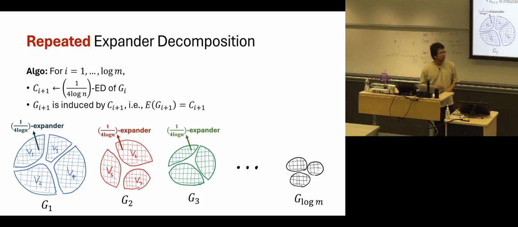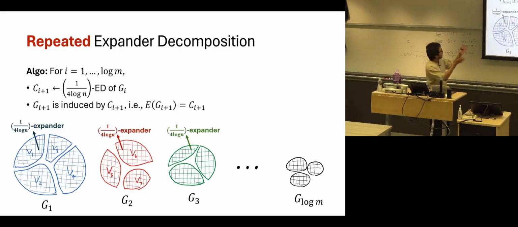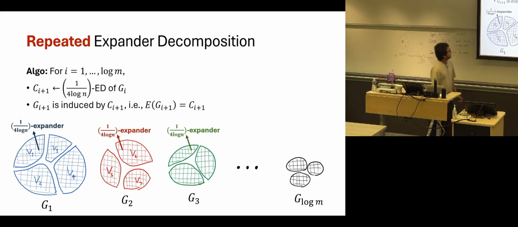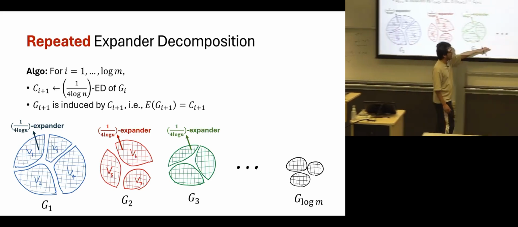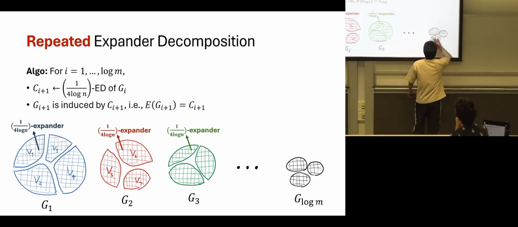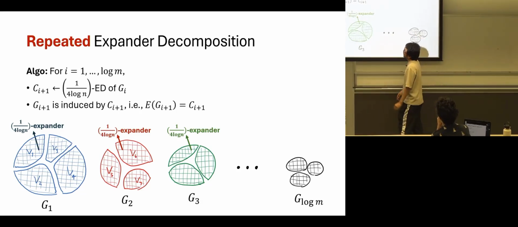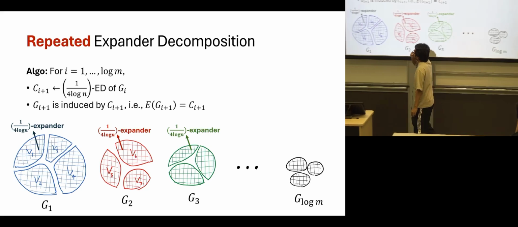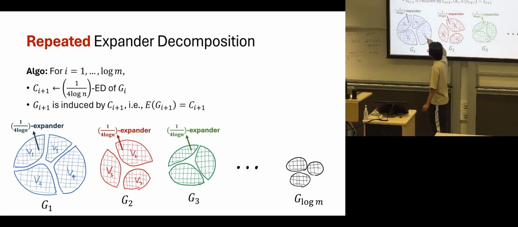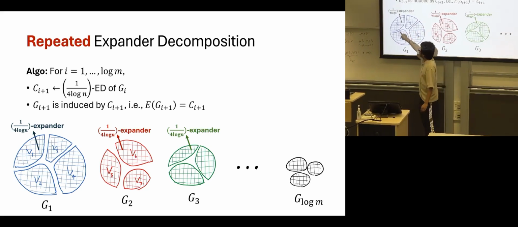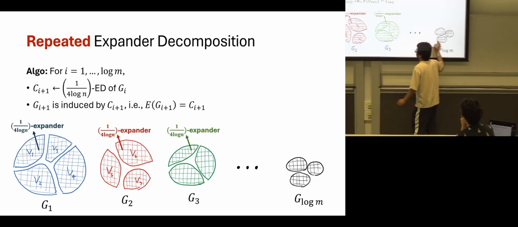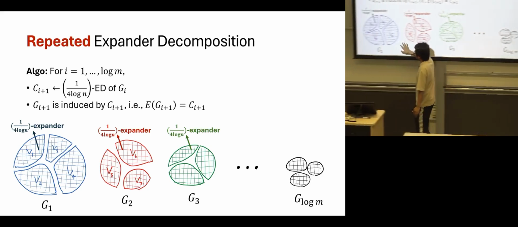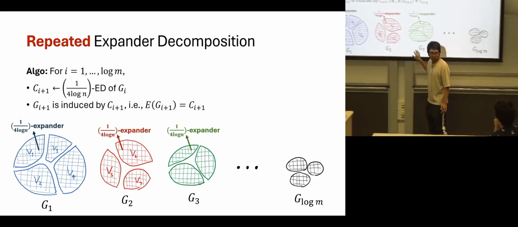Okay. So what do we have so far? You start with the graph with m edges, then it reduces by half, and the last one is of size close to constant. We also know that every connected component here is an expander, and all these graphs share the same set of nodes.